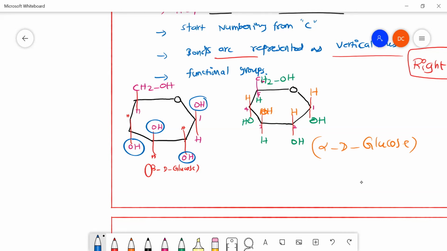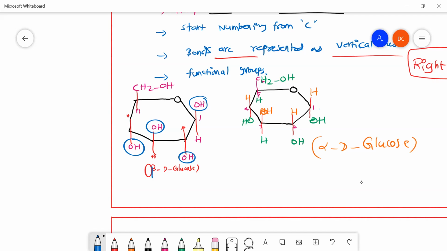But in alpha D glucose, the first and second carbon atoms have the OH group at the bottom. Is that clear? Yes, sir, it's clear. Okay, fine.